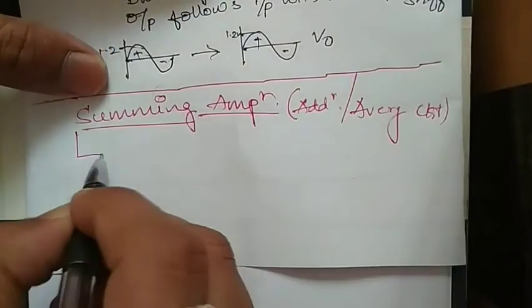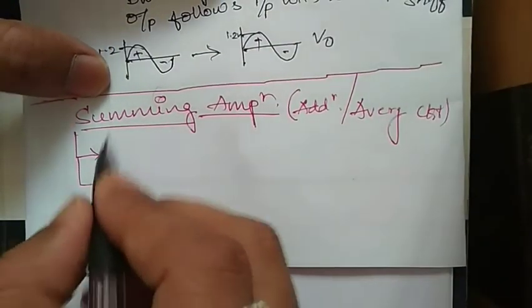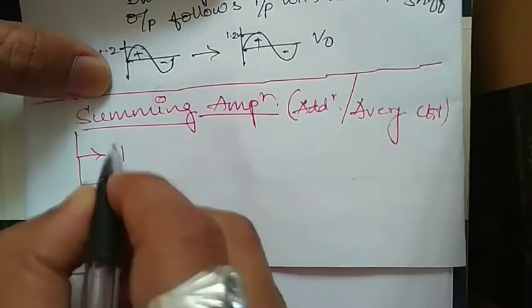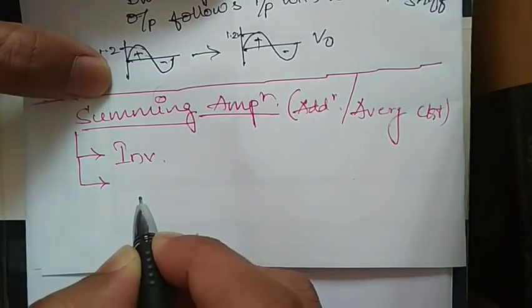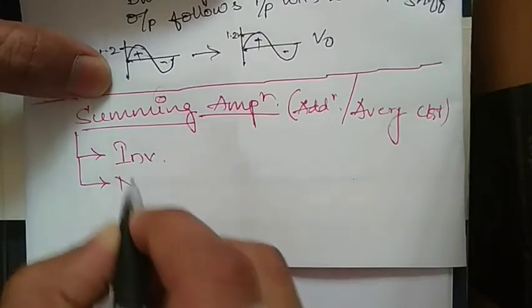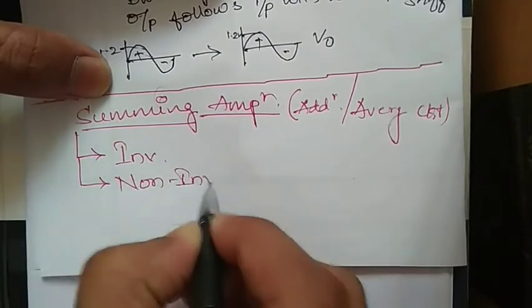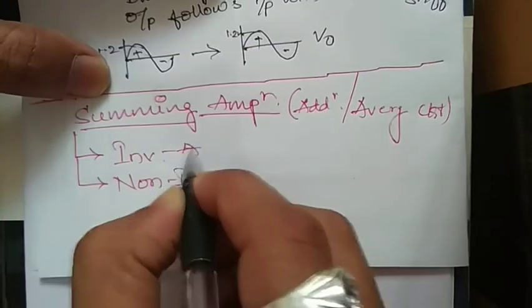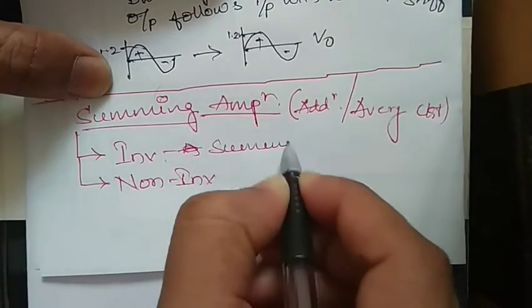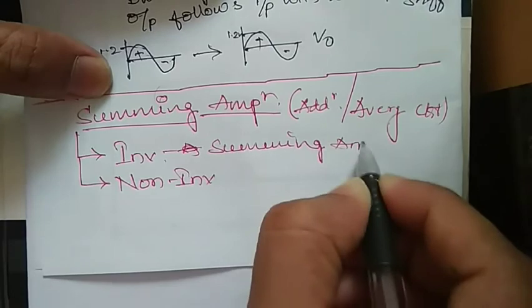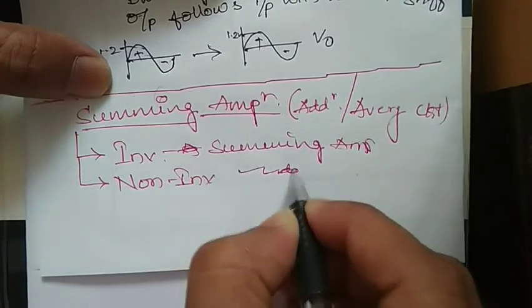In this summing amplifier, we have to consider two types: with respect to the inputs, one is the inverting summing amplifier and the other is the non-inverting summing amplifier. So first, to make it easy to understand, we are going to consider the inverting summing amplifier.